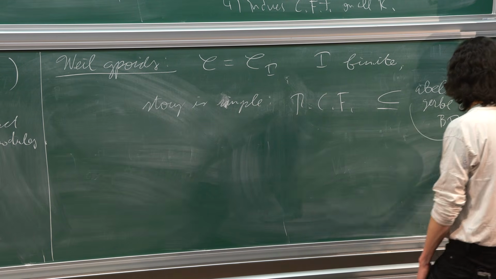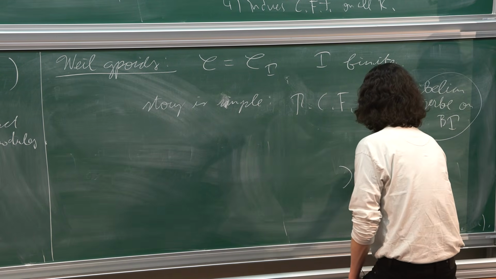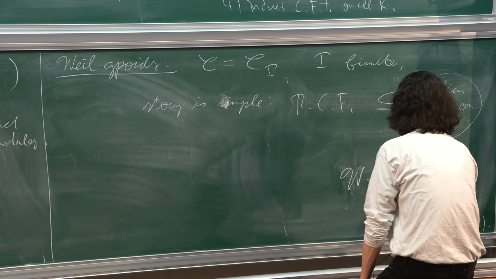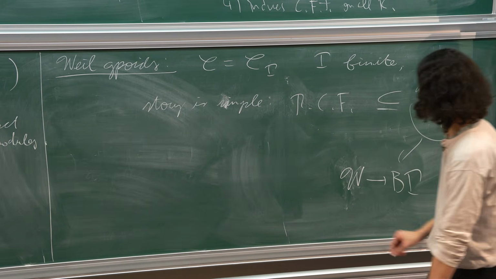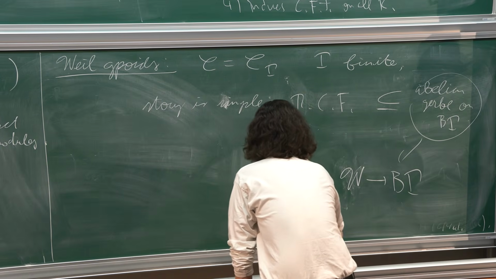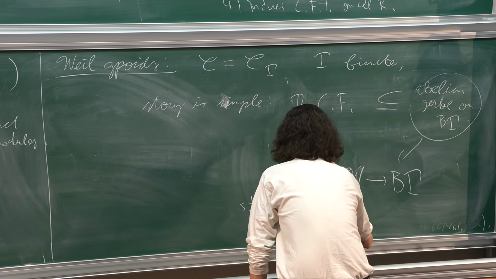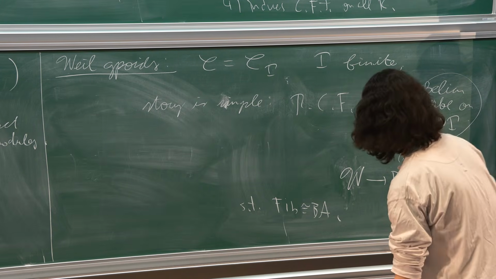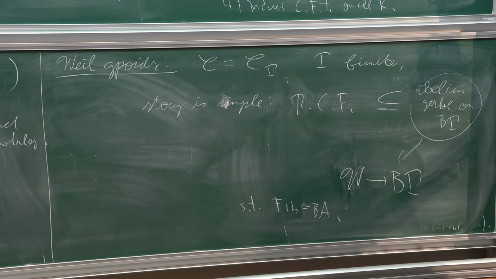And that can be viewed as a groupoid. Let's call it W, mapping to B gamma, such that the fiber is isomorphic to BA, non-canonically, but when you take homology, then it becomes canonical. So this is the Weil groupoid.